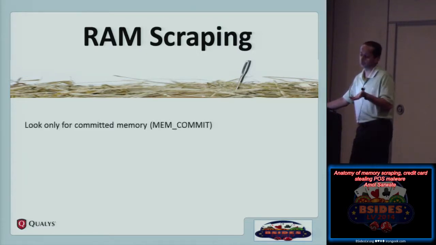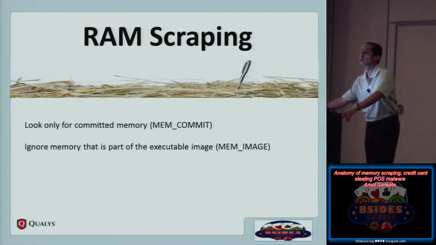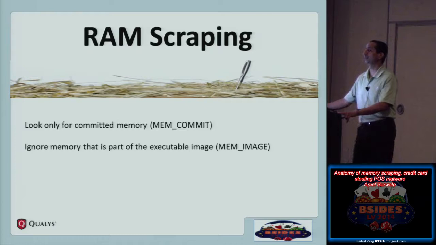And you could do that. At least my example code does that by only looking for memory that is committed. As I mentioned, if you have a 64-bit machine and a 64-bit process, you could potentially access terabytes of memory. But you only look for memory with certain flags which tell you that this memory has really been committed to physical memory. That's the MEM_COMMIT flag. You also ignore memory that is part of the executable image.